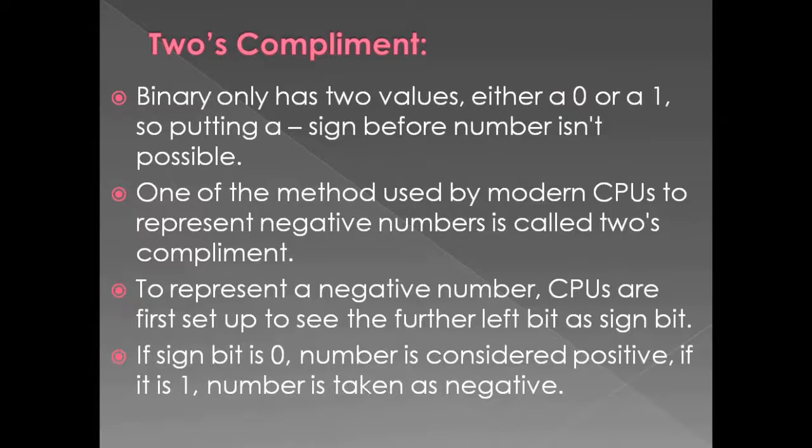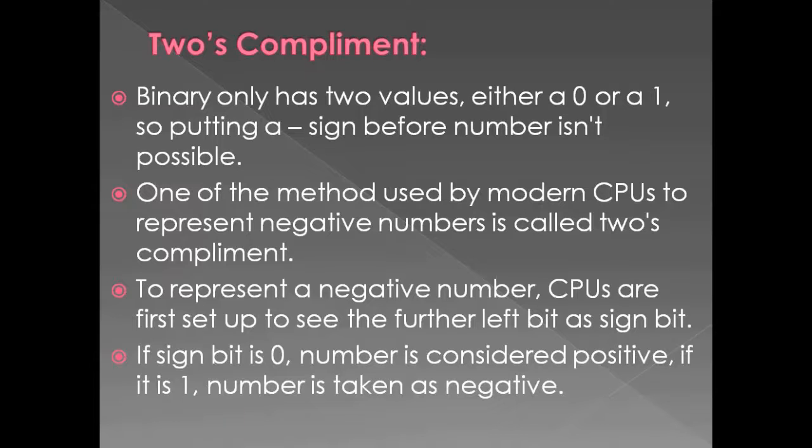The next thing which we have in section 1.1 is 2's complement. Now what is 2's complement? Binary numbers only have two values, either a 0 or a 1, so putting a negative sign before a number isn't possible. One of the methods used by modern CPUs to represent negative numbers is called 2's complement.